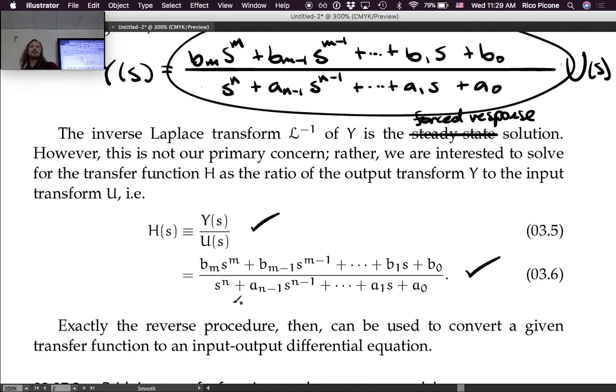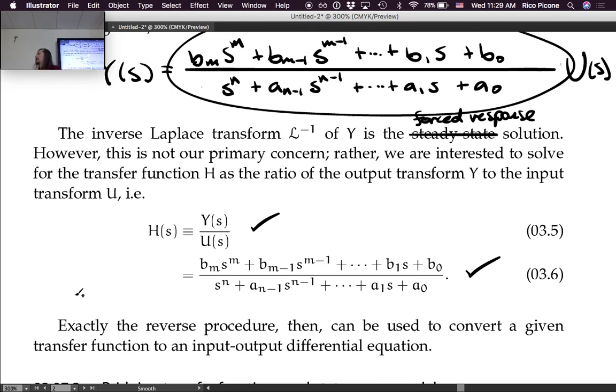So this procedure is fairly straightforward to do in one direction. You can also do it the other direction. Okay, so you can say, oh, here's a transfer function. Let's look at a differential equation. Essentially, s to the n is then going to be the nth time derivative of y on the left-hand side, and etc. So you can do this either way.